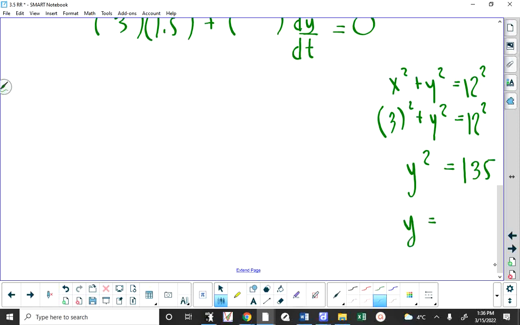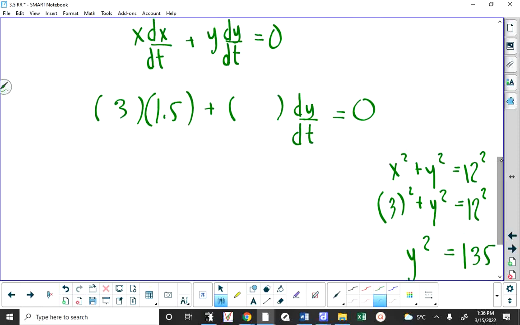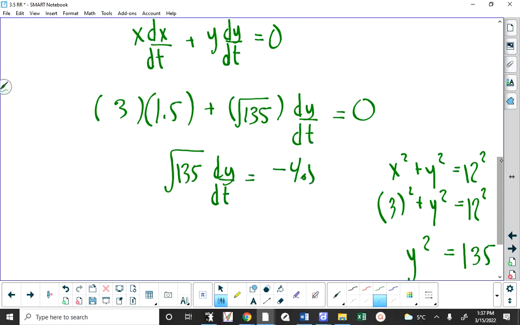That means y equals, well, if you were just blindly doing math without thinking of any context, you would say plus or minus root 135. But it's a length. It's root 135, whatever it is. So we can put that number here and pretty much be done with this problem. Take the 3 times the 1.5, move it to the other side to have root 135 dy dt equals negative 4.5.